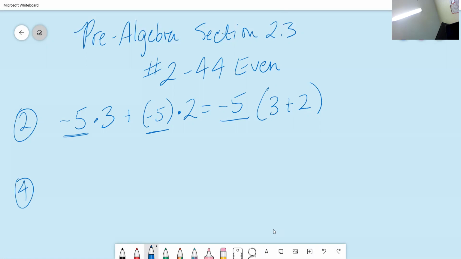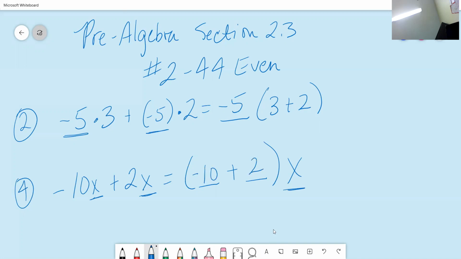All right, number 4 says that -10x plus 2x equals what plus what times x? Well, hopefully you were able to see that there was a common factor in both of those. So when you take that factor out, which is x, you're left with -10 plus 2.